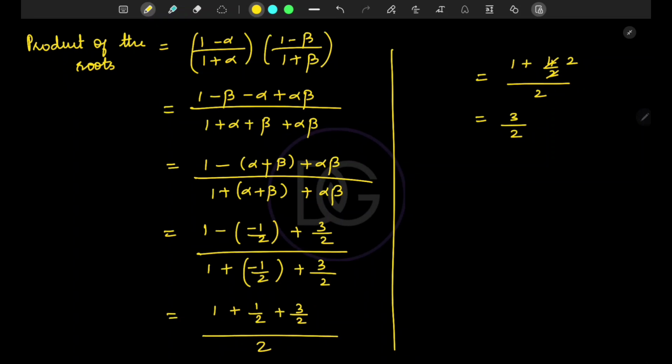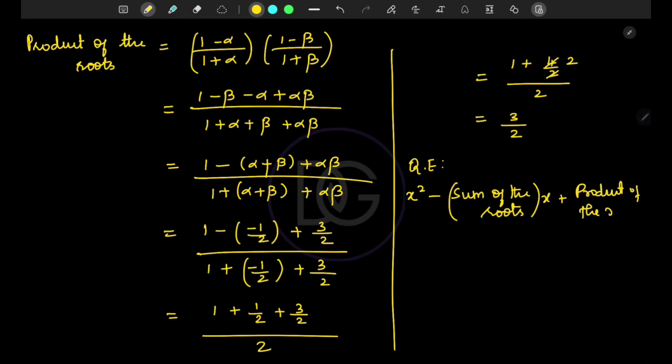Now move on to the quadratic equation: x square minus sum of the roots into x plus product of the roots equal to 0.